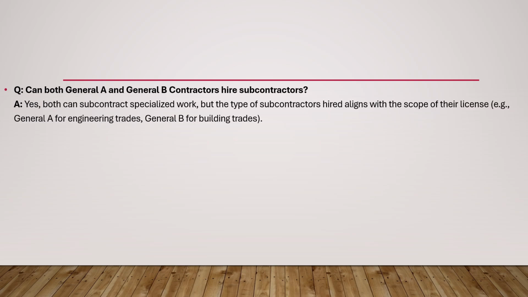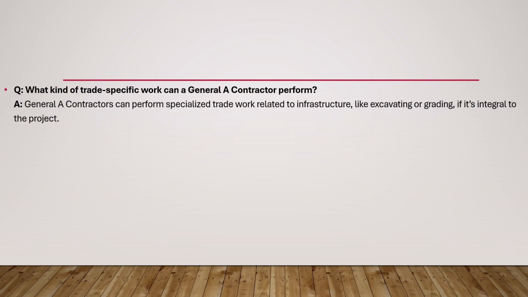Can both General A and General B contractors hire subcontractors? Yes, both can subcontract specialized work, but the type of subcontractors hired aligns with the scope of their license, e.g., General A for engineering trades, General B for building trades. What kind of trade-specific work can a General A contractor perform?